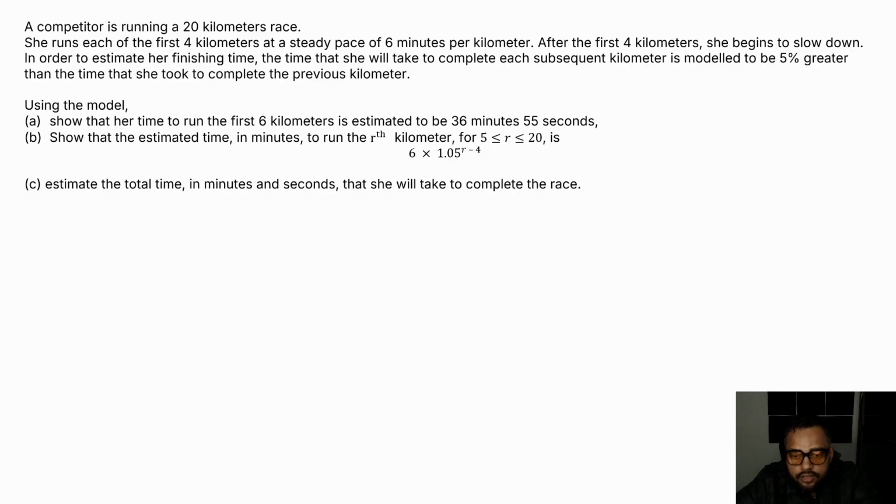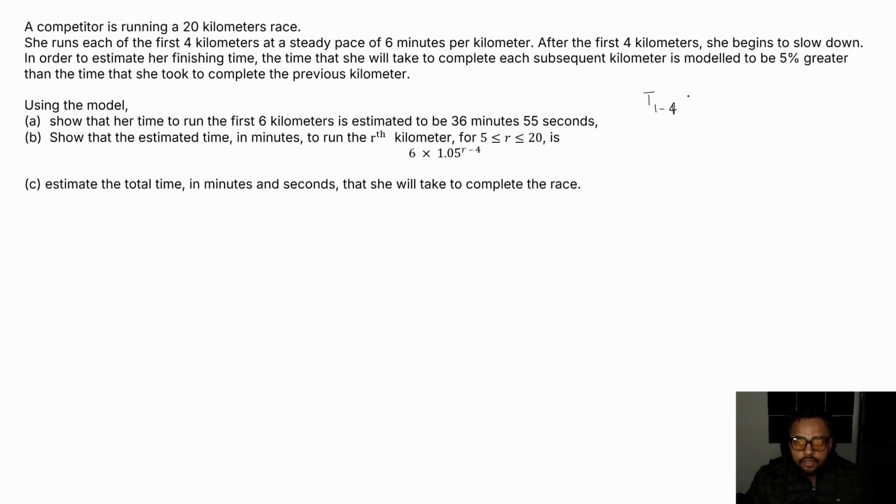The next question which I have taken, students, is: a competitor is running a 20-kilometer race. The first 4 kilometers were at a steady pace of 6 minutes per kilometer, and after the first 4 kilometers, she began to slow down. For the first 4 kilometers, what will be the time taken?